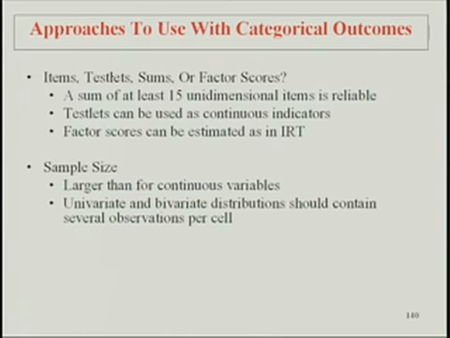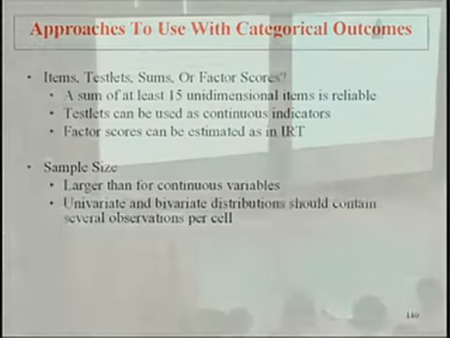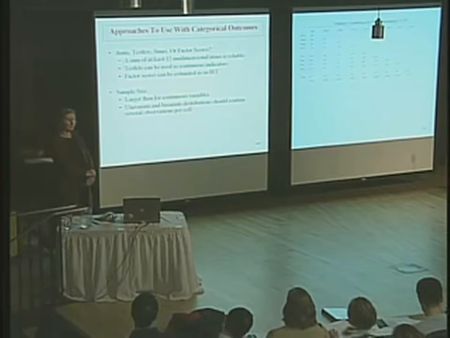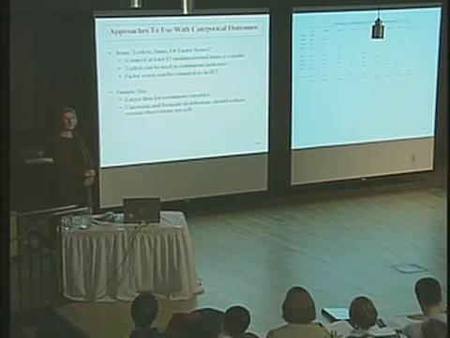Let's say that you have at least 15 items, and like we talked about this morning, you have 15 or more items, and you know that they measure the same factor. So knowing that they measure the same factor is the important part here. Then you can just sum them up, and you can use the observed variable in your analysis.